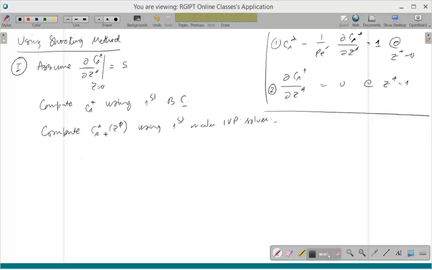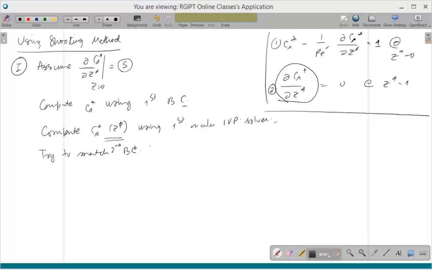using a first order initial value problem solver. And then you update your S based on the second rule that I gave you, because CA star at Z star, you try to match the second boundary condition, which is this one.